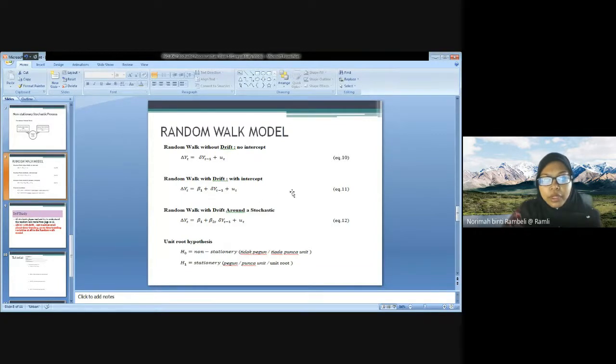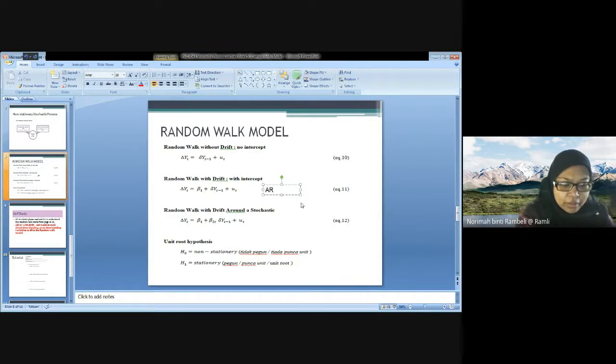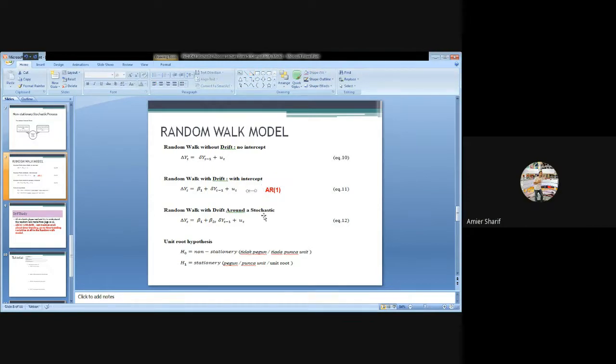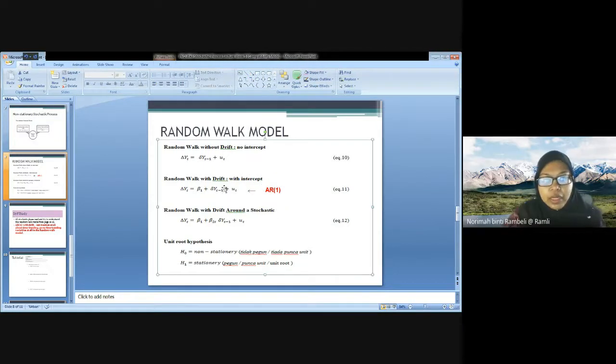The answer will be like equation 11, right? Yes, the answer will be like equation 11. But this equation is AR1, because the lag is only one. So this is AR1.